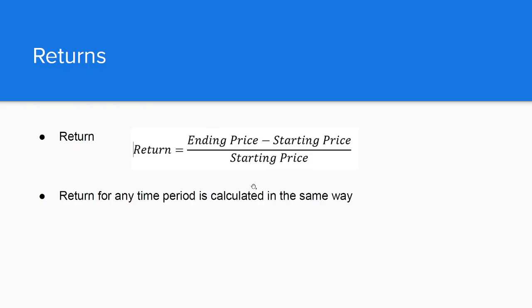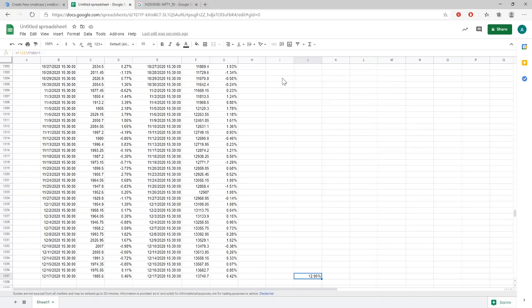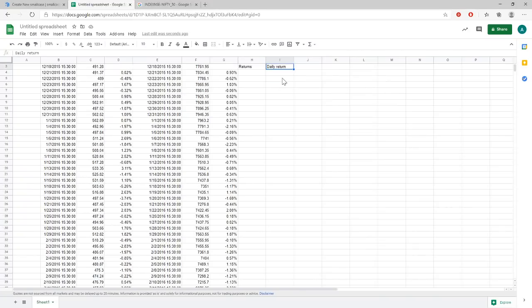Now, one of the things that people always forget is that returns are not additive. What that means is, I cannot sum up the daily returns to get the returns for the entire period of time. So the easiest way to look at it is, assume you have 100 rupees and you lost 50% of that amount.